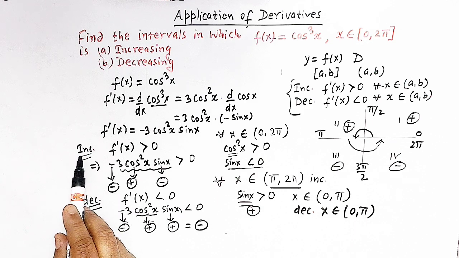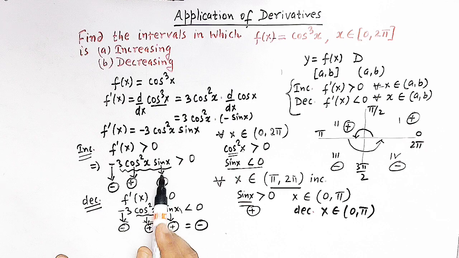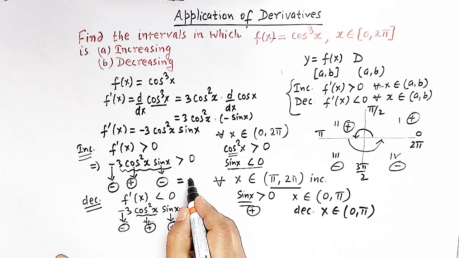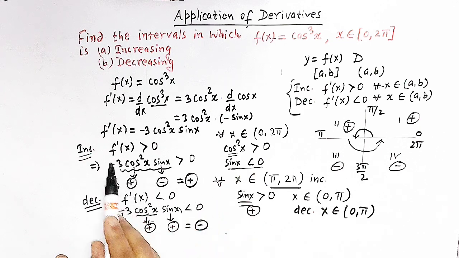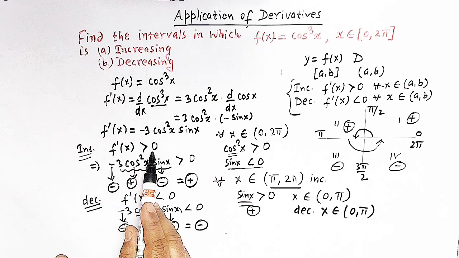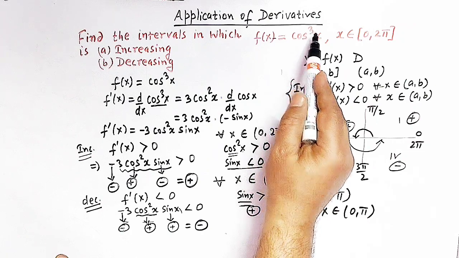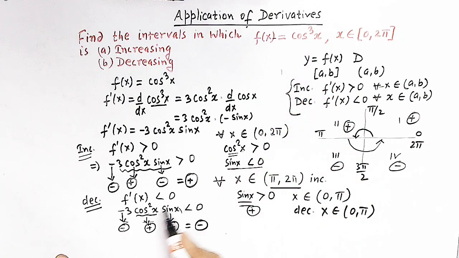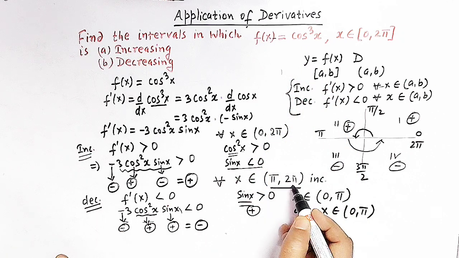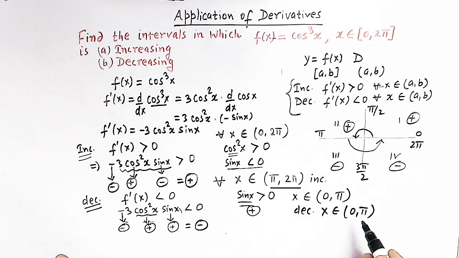And in case of increasing function, we have here sin x as negative. So the product of this negative with this negative is equal to positive, which makes the derivative greater than 0, right? So f of x, which is equal to cos cube x, is increasing in the interval pi to 2 pi and decreasing from 0 to pi.